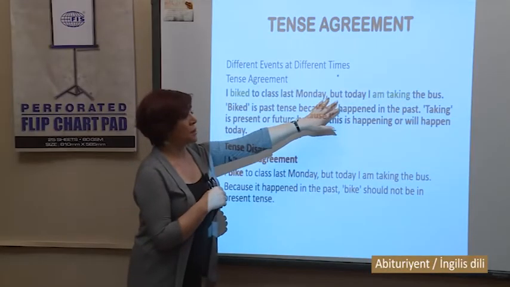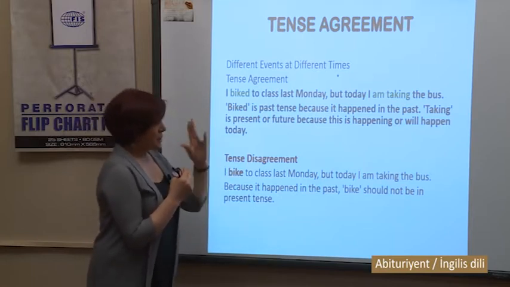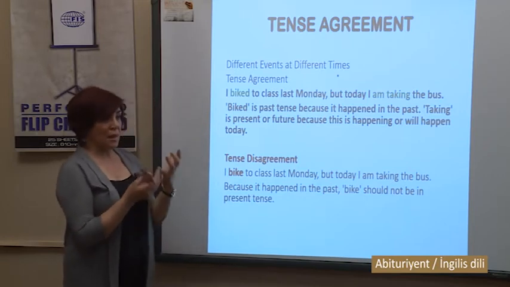And what about the second part? Pay attention to the conjunction but and today. The event in the second sentence didn't happen in the past, but it is about today. If it is about today, we use present tense. That is, I am taking the bus.